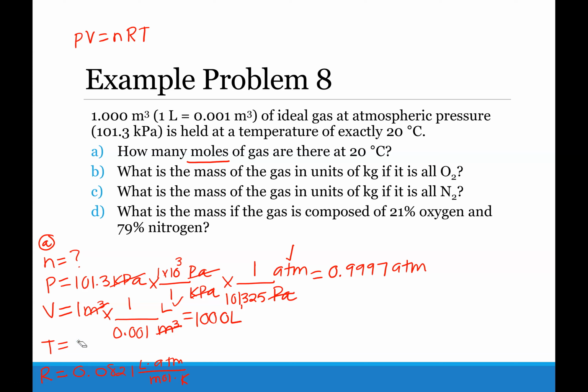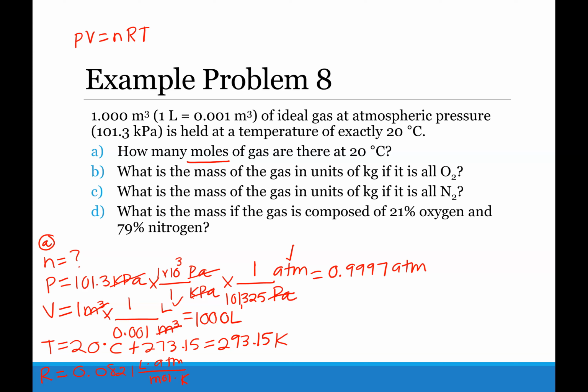So 20 degrees Celsius plus 273.15 equals 293.15 Kelvin.